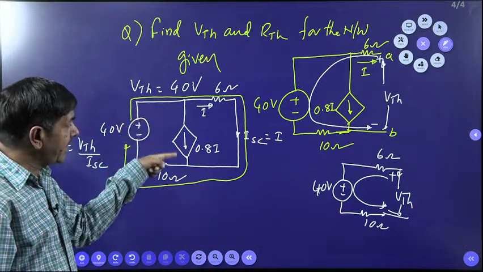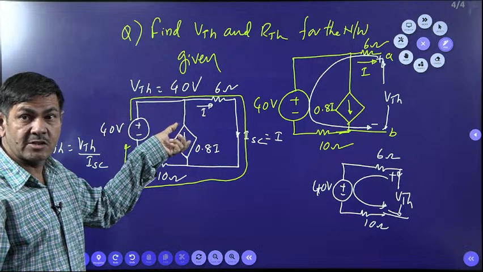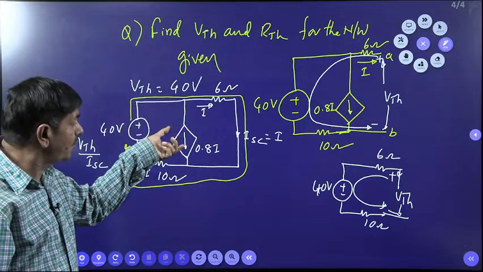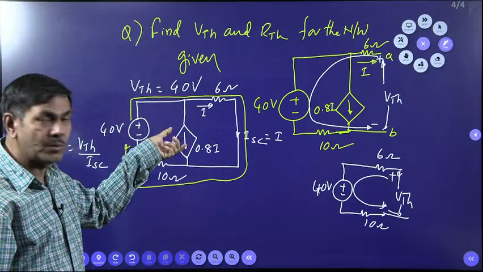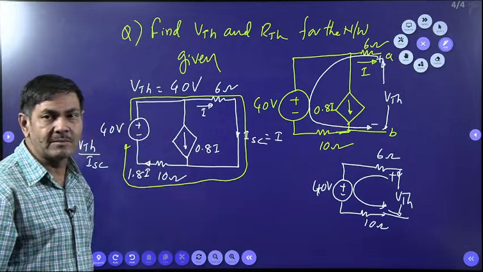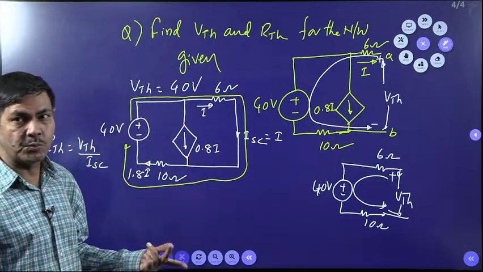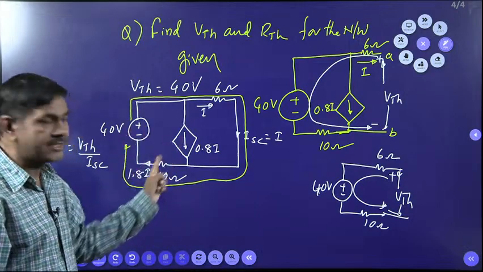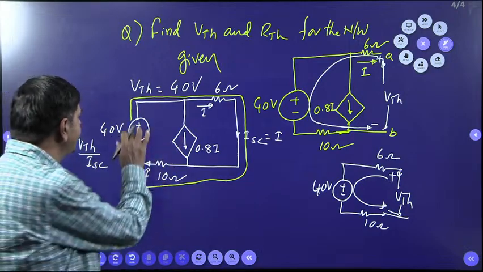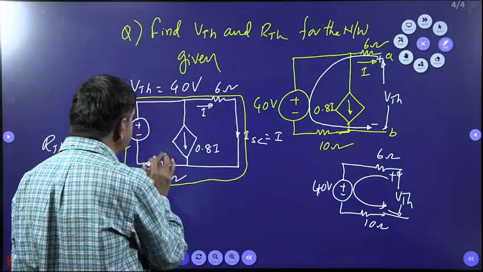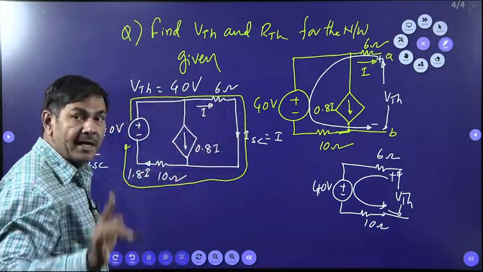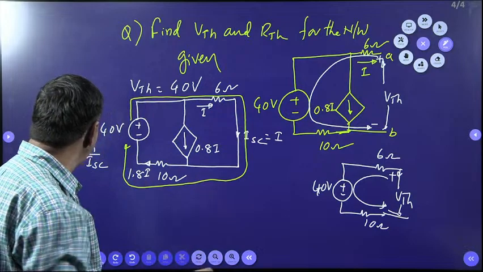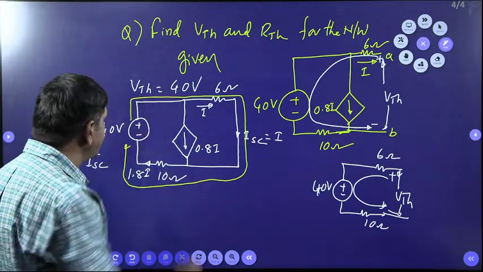If you go that side, the voltage across this current source also must be included. We don't know the voltage across this source and the current is also unknown. The unknowns are going to be 2. In that case it is not better to select this loop or mesh. Better to select this path. In this case we can find one variable, that is I. Once you get I or ISC, you can find RTH.